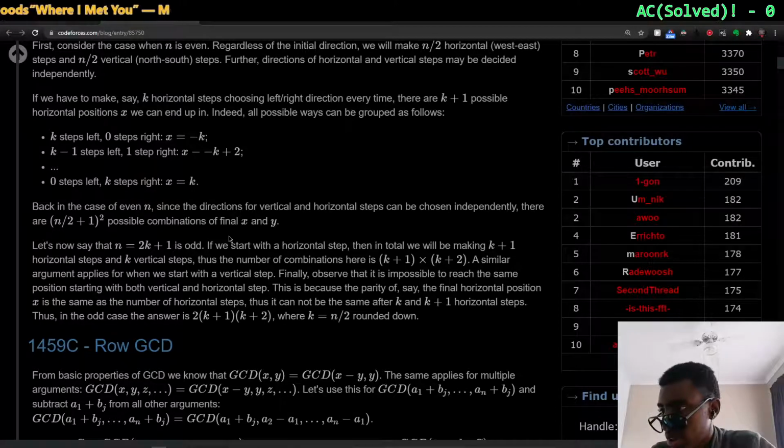Finally observe that it is impossible to reach the same position starting with both a vertical and a horizontal step. That's because the parity of, say, the final horizontal position x is the same as the number of horizontal steps, if you take a vertical step first.